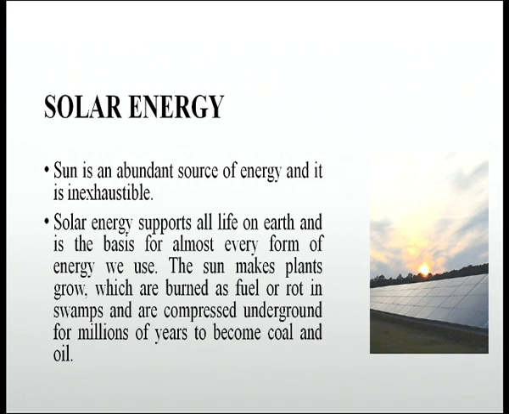Solar energy supports all life on earth and is the basis for almost every form of energy we use. The sun makes plants grow, which are burned as fuel or rot in swamps and are compressed underground for millions of years to become coal and oil.